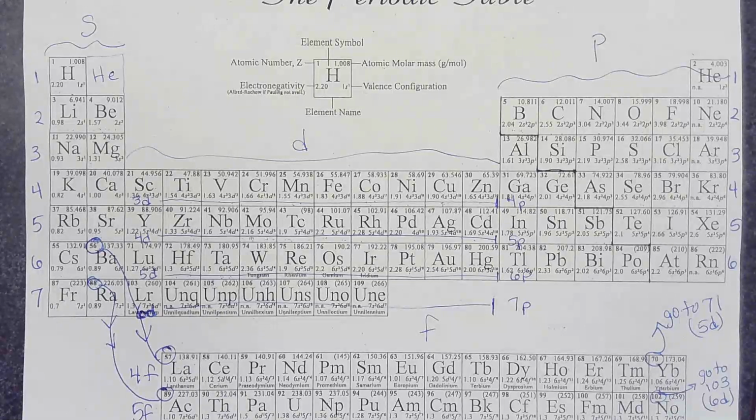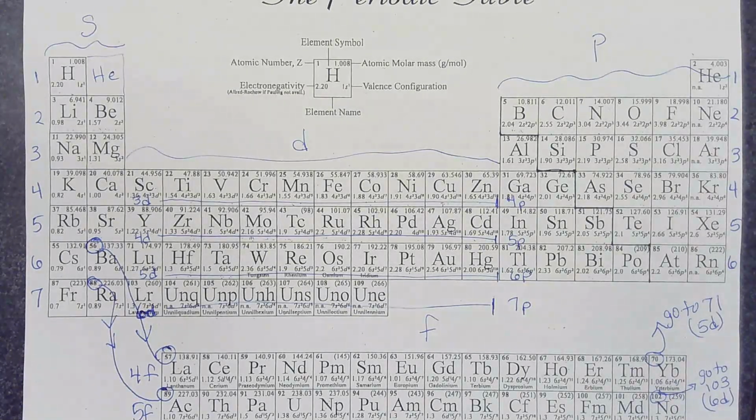Okay, go back up to hydrogen. Tell me how many electrons hydrogen has? 1. Listen to me carefully. What energy level is hydrogen's 1 electron in? 1. How many energy levels are there? 7.